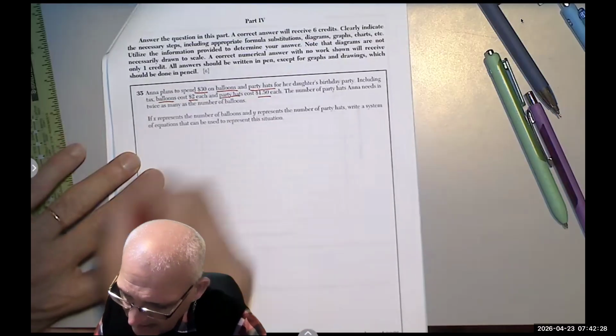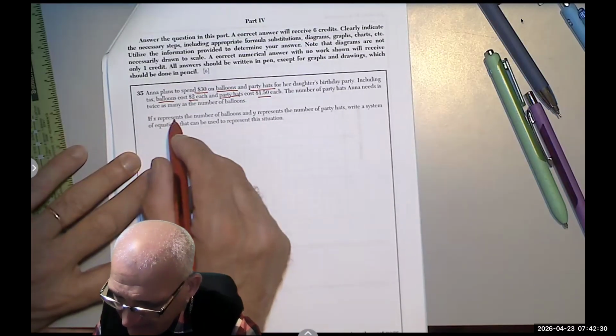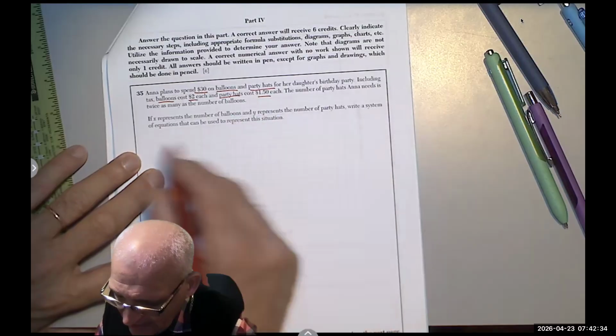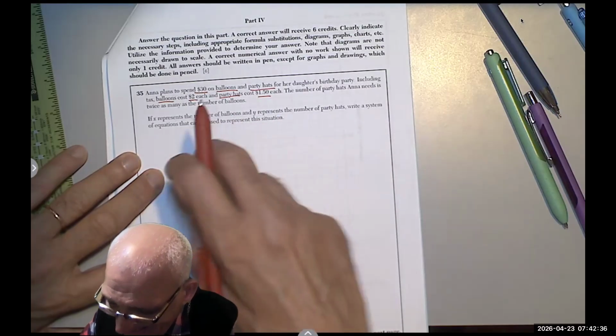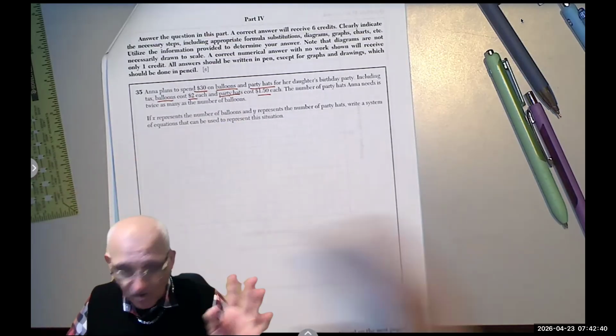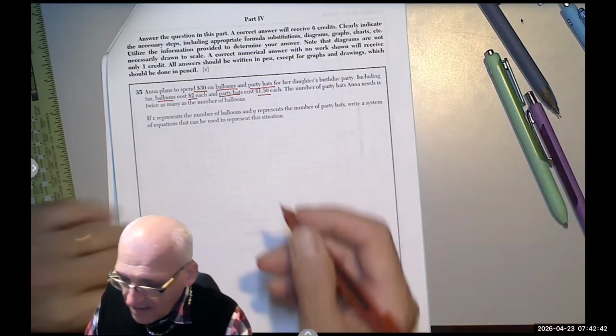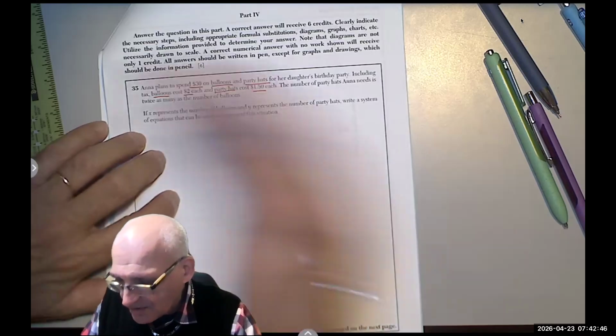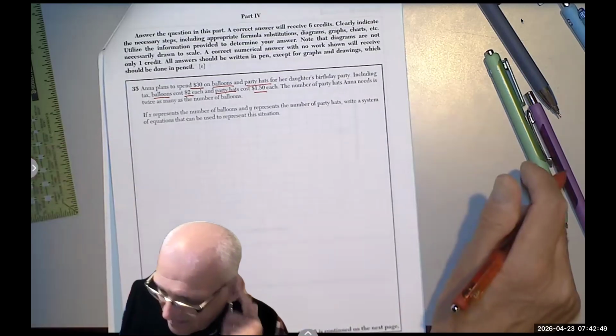Okay, so first of all, if x represents the number of balloons and y represents the number of party hats, write a system of equations that can be used to represent the situation. They didn't tell you to answer, so don't spend time doing that. But you can find the solution for your own part.